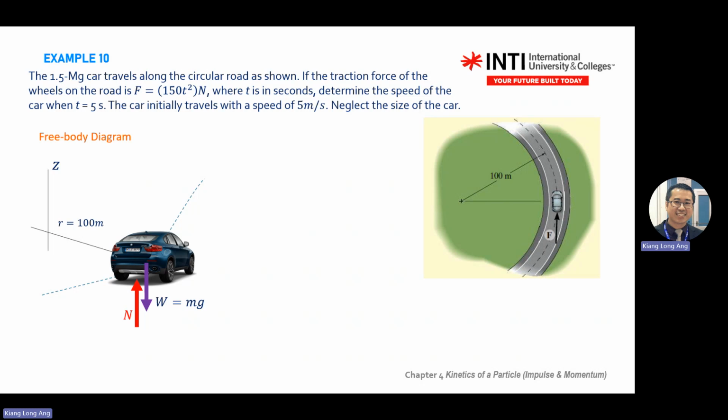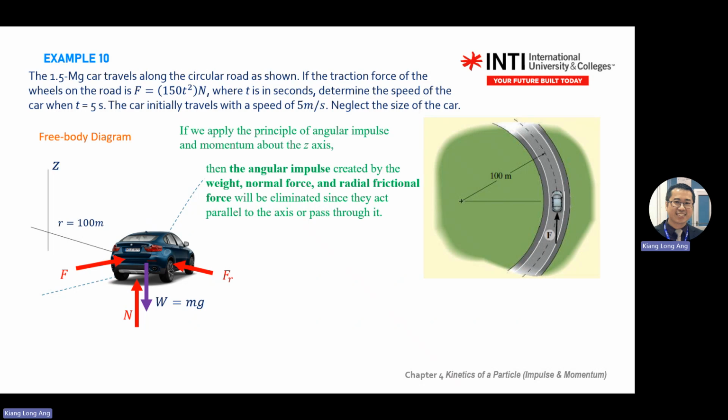When you draw N towards the ground, it means you're focusing on the ground, not on the car. From there, there's a traction force, and there's a radial force on the vehicle.